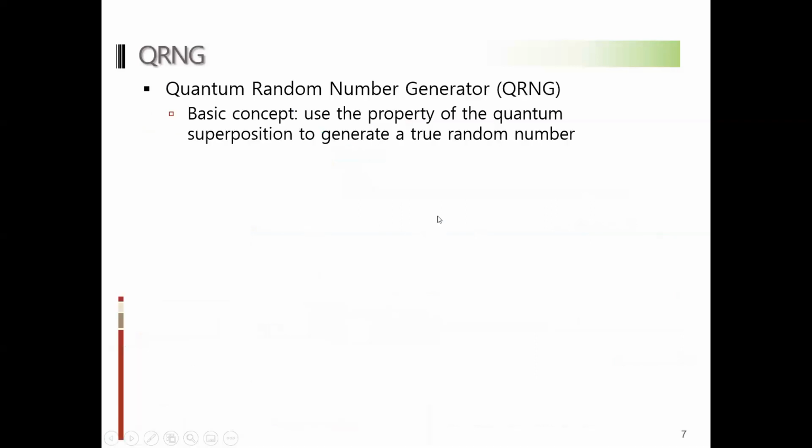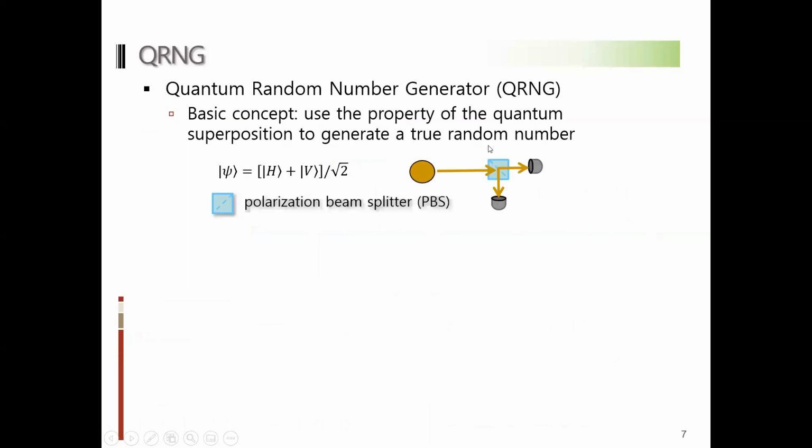So what is the quantum random number generator? The basic idea is very simple. We use the quantum superposition property to generate a true random number, and I will show you why we call this one true.